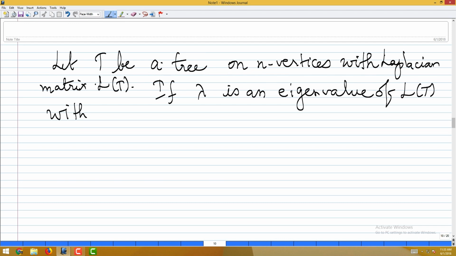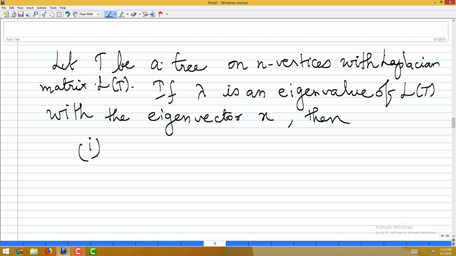Say let us also look at the corresponding eigenvector. We will also declare something about this with the corresponding eigenvector x. Then the first statement is that if lambda is an integer eigenvalue, then lambda divides n.